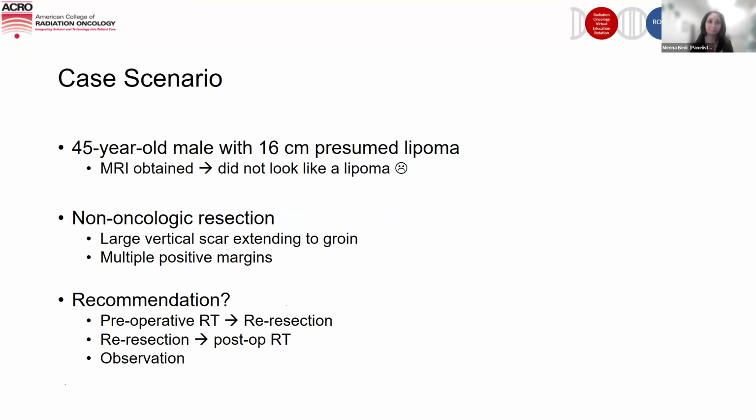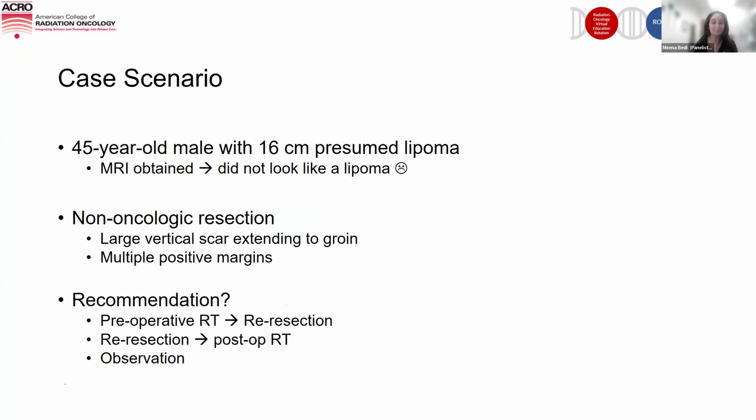Next slide. So this is just a case within the earlier cases, but I just recently had a 46-year-old male. He had a presumed 16-centimeter lipoma of the thigh, in the medial compartment. An MRI was obtained, interestingly, before the resection.